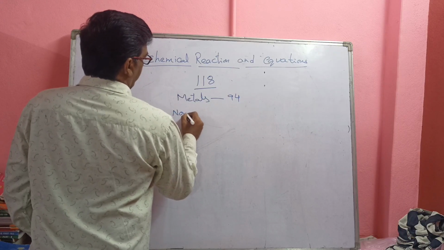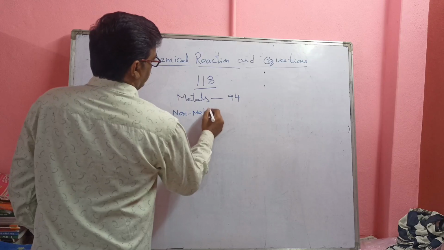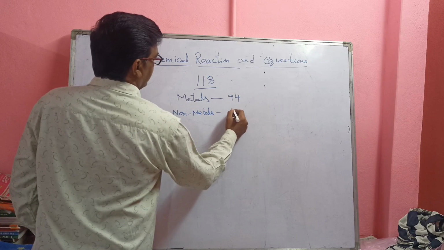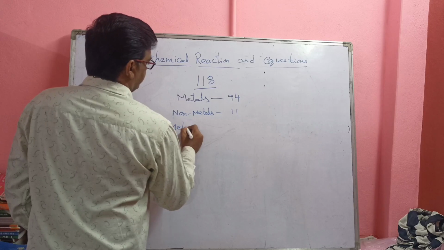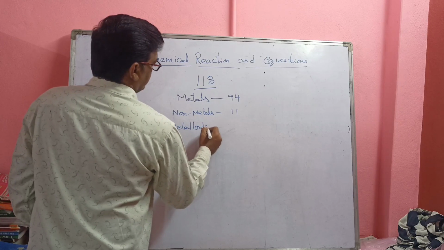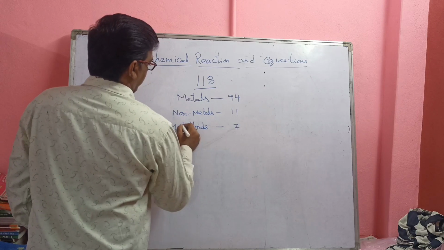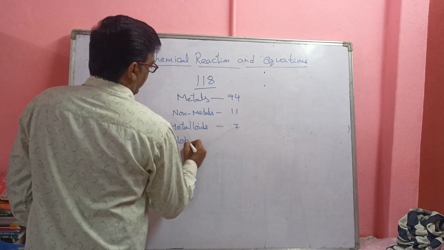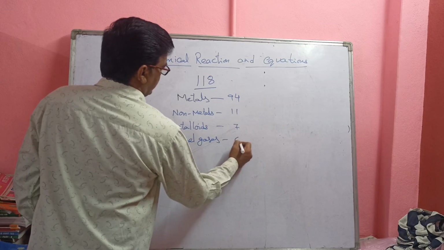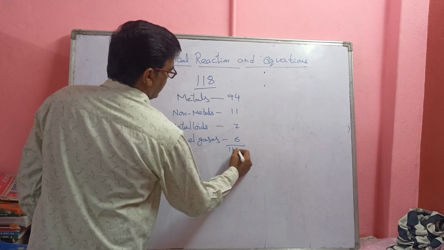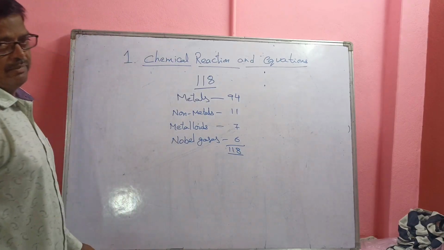And non-metals, they are 11. After that, metalloids, these are 7. And noble gases or inert gases, they are 6. Total how many elements? 118 elements.